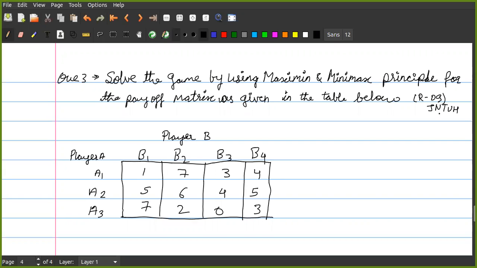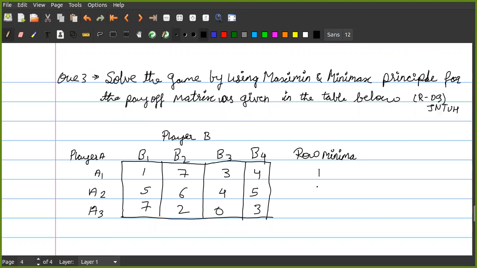Okay, I'll help you. When you need to solve this kind of problem, the first step is to find the row minima. Can you tell me the minimum value of row 1? 1, sir. 1, correct.